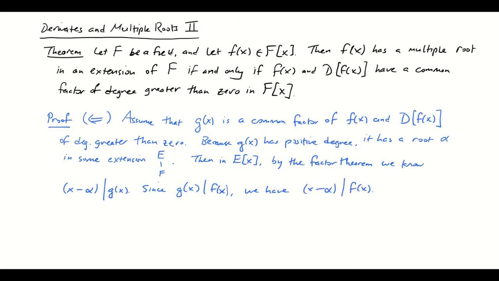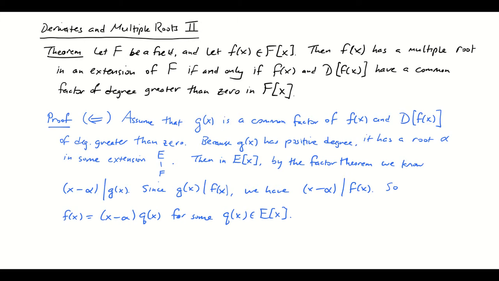So let's go ahead and write f of x as x minus alpha times something. So f of x equals x minus alpha times, let's say, q of x for some q of x belonging to E adjoin x. Note that this has to take place over E because we don't even know that this factor x minus alpha exists in F. All right, so we have f of x equals x minus alpha times something.